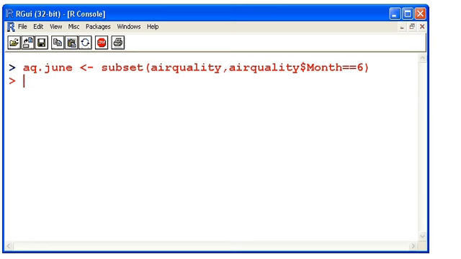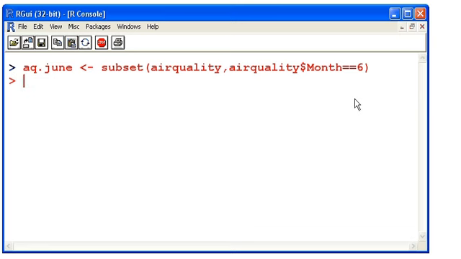Subset this data set here and just select the values when this logical condition here is met. Air quality month is equal to 6. Again, when you're dealing with this sort of stuff, just remind yourself that the equality operator in R is 2 equal signs together, not 1.